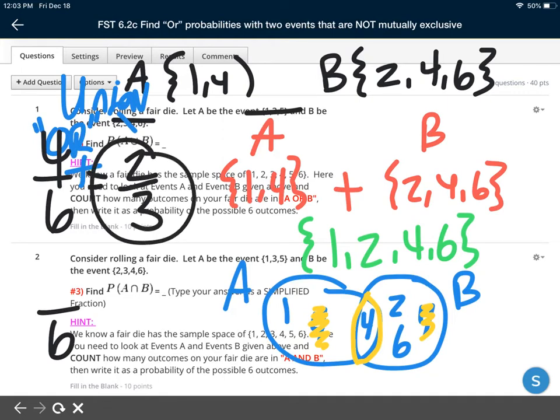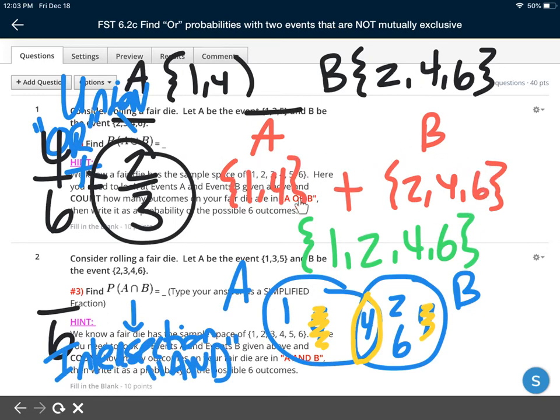Now, if we look at number 2, look at this notation. This is set notation for intersection, so that means where do they intersect? Now, in number theory, that intersection is also the word and. So they need to have what's in A and in B. So if you go back and look here, what's in A and also in B?